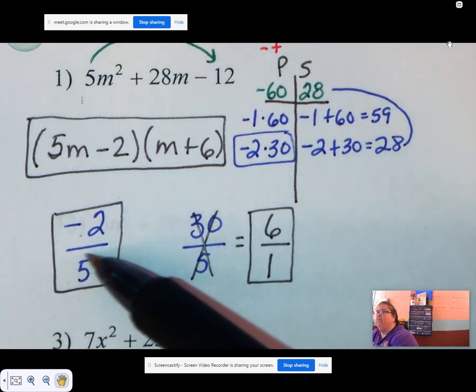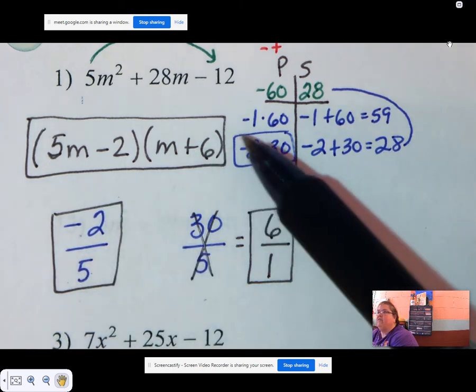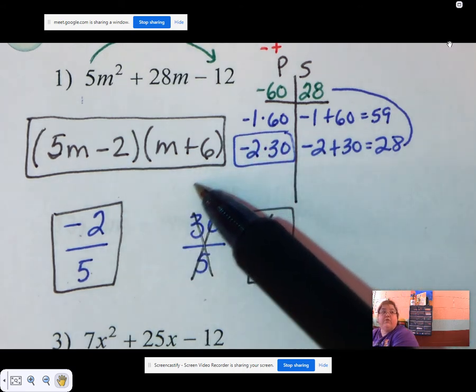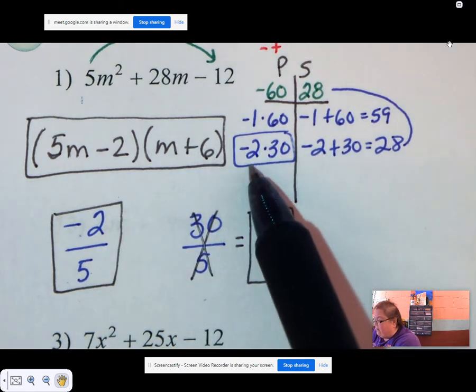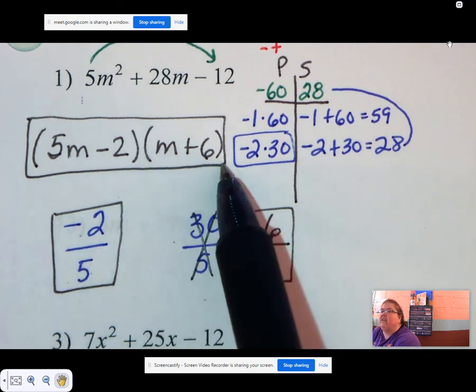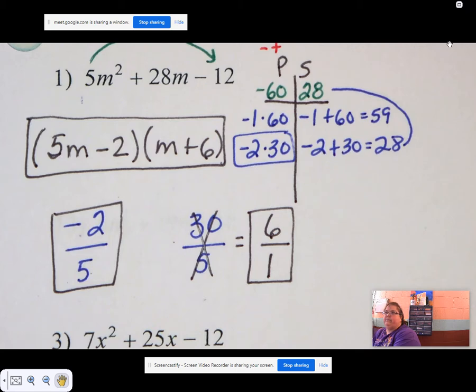I may not remember where this goes immediately, but this one you know because it's a factor. Where do the factors always go? At the end, right? Didn't they go there for the past 2 days? They always go there. If these are my factors, the 2 and the 6 are my factors, or the 2 and the 30, which became a 6, right? So they must go as your second term. The denominator is your first term that goes with the variable. Final answer, 5m minus 2 times m plus 6.